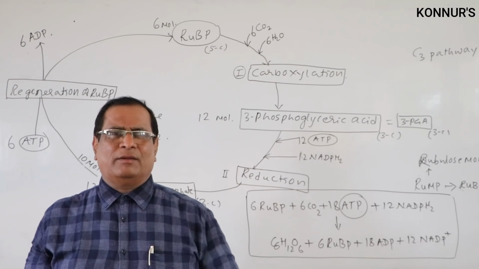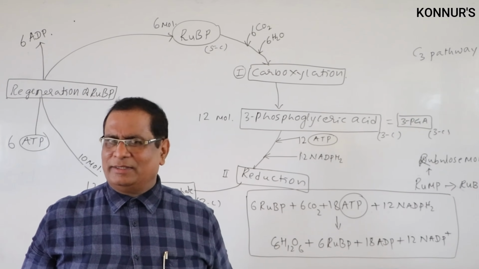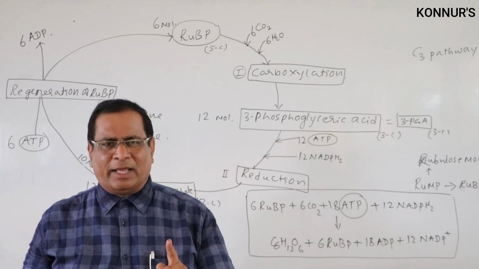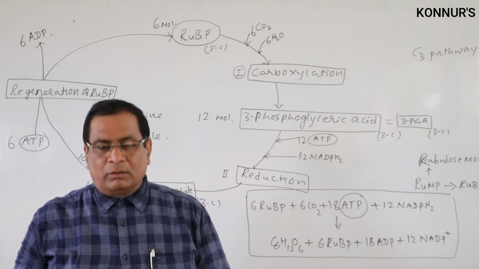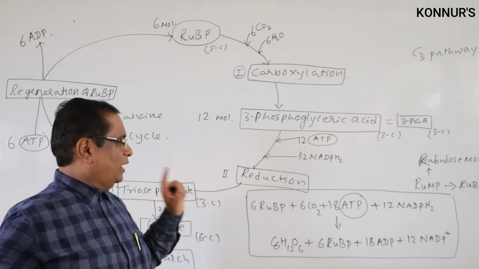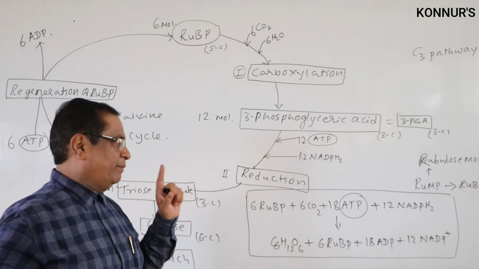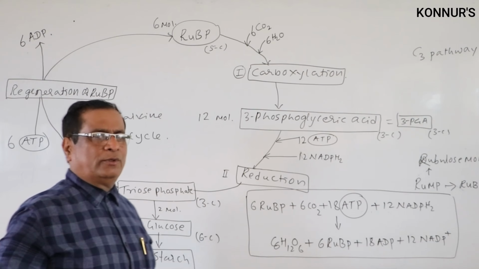That they can make multiple choice. 6 are used, 9 are regenerated. Like this they can give. 6 RuBP are used and 6 RuBP are regenerated.